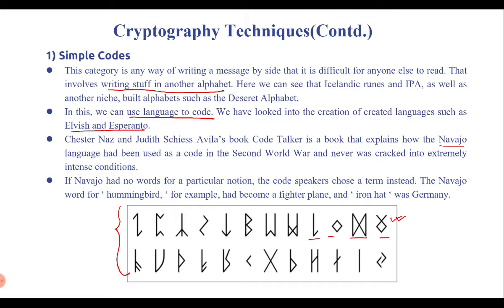So people specialized in that language were required to be present in that particular base while the message was being decoded. So it is a very simple way of representing a message.